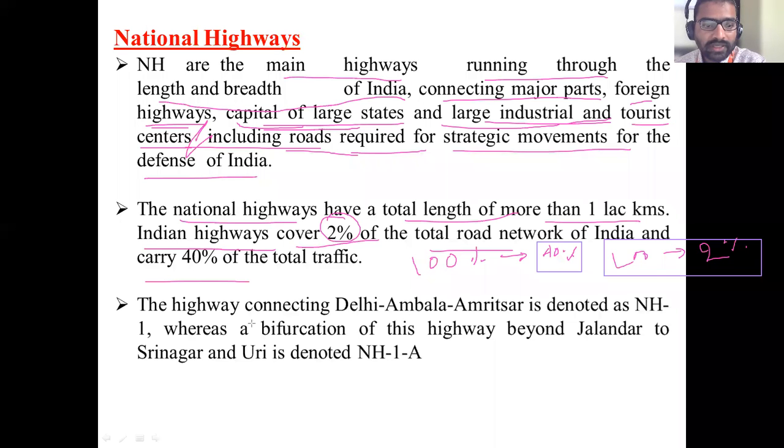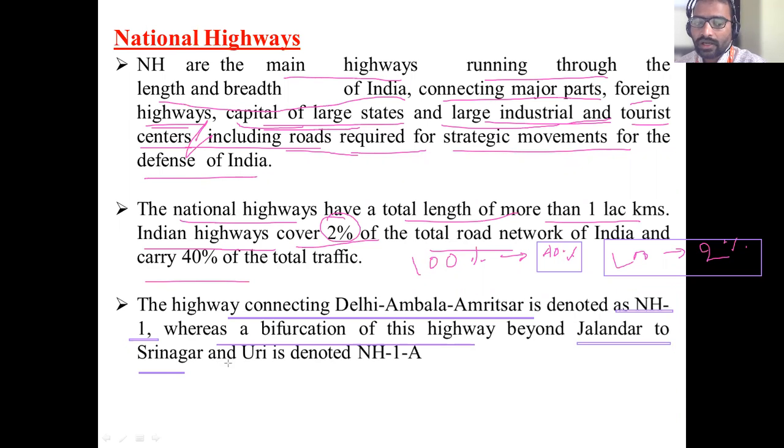Next, the highway connecting Delhi to Ambala and Amritsar is denoted by National Highway 1. Okay, so there are different national highways. Whereas the bifurcation of the national highway beyond Jalandhar, there is a city called Jalandhar, from Jalandhar to Srinagar and Uri is denoted by National Highway 1A.